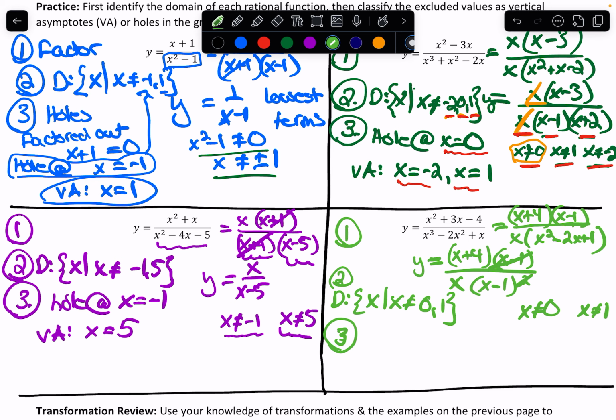Now, here's the thing. In this case, there is no hole. Yes, I know we did cancel one set of x minus 1s, but we have another one here. So our vertical asymptotes that are left here are going to be x equals 0 and x equals 1. Again, there was no hole because we had one x minus 1 still left in the denominator.